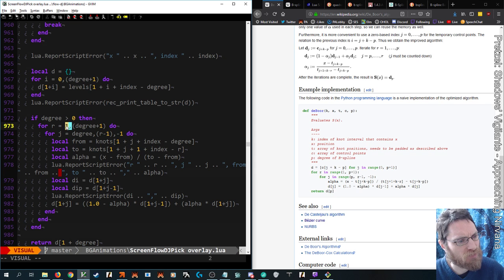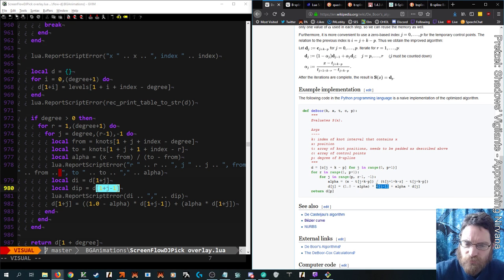No, because this is always going to start at 1 and go to r minus 1, which is 0. And then we do j minus 1. How does that work? It doesn't work.